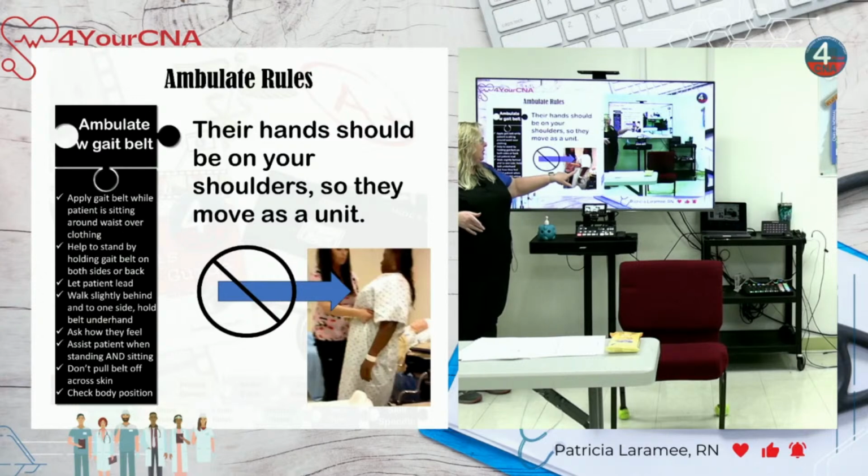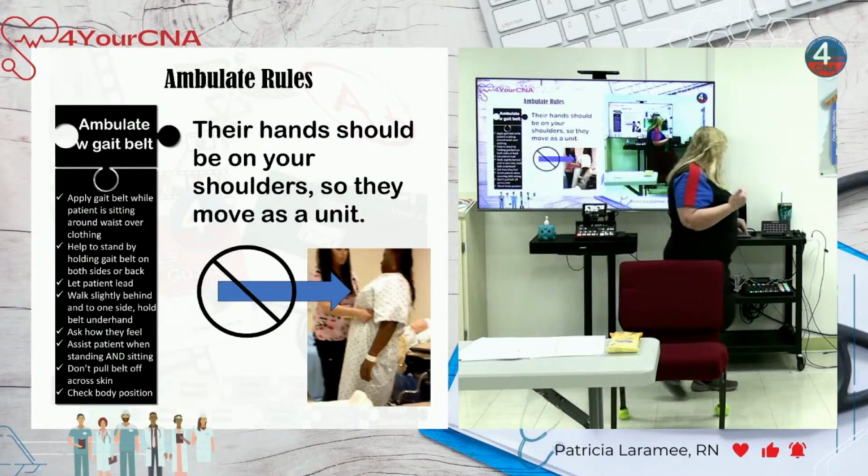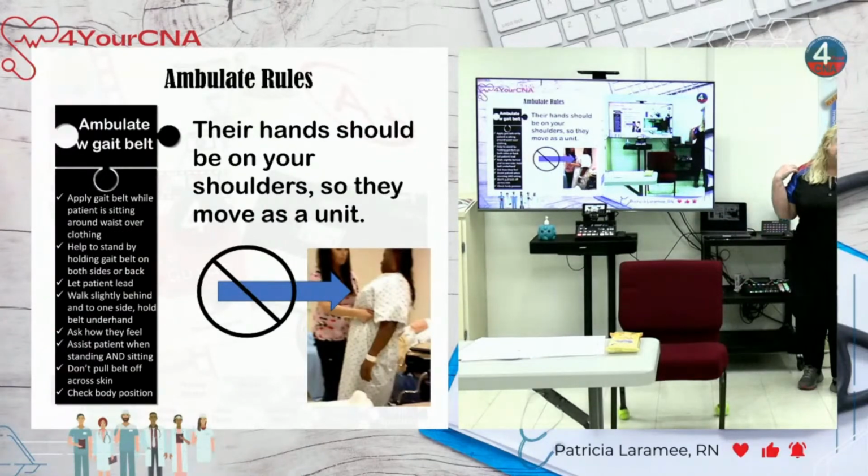So in order to get our patient to move as a unit, their arms need to be resting on our shoulders, not behind our head, not on our neck, just resting on our shoulders. When we do that, they move as a unit and you don't get this trailing behind effect. So we want to say, hey, I need you to put your hands on my shoulders, and on the count of 3, we're going to stand.